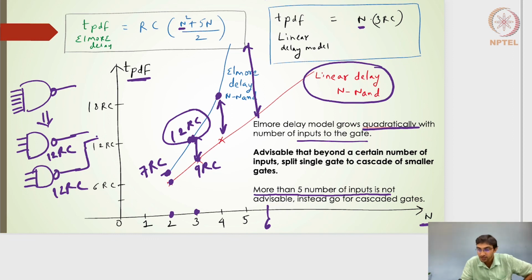So it is always advisable to keep the number of inputs connected to the NAND gates or the NOR gates limited to 5.